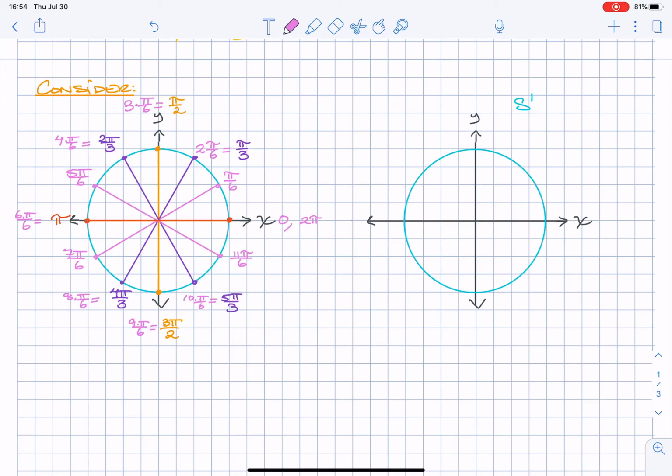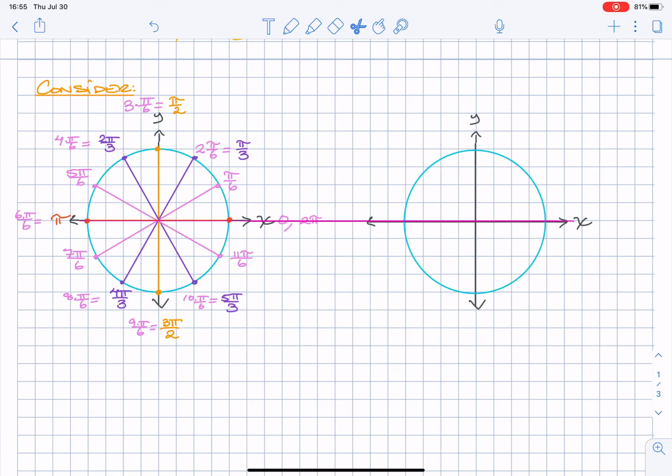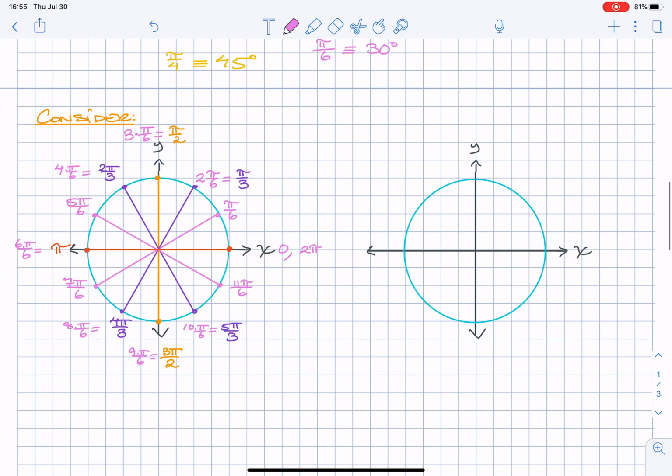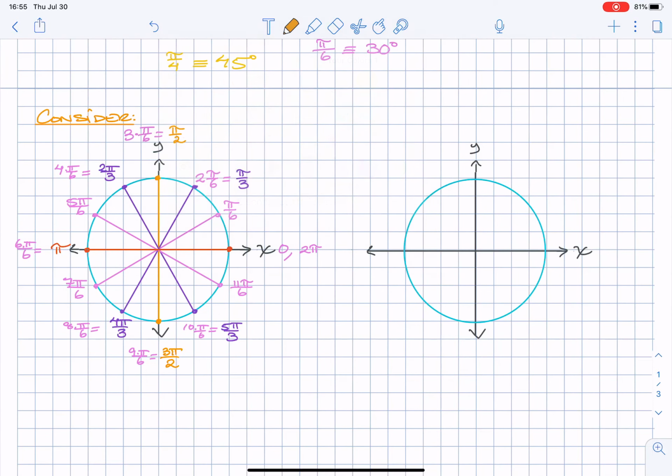Instead of by 30s, let's count up by 45s, which are easier because there's less of them. So let's go ahead and move this here. Okay, so 45, what color did I have? I had yellow, but let's do it in gold. That'll be easier.